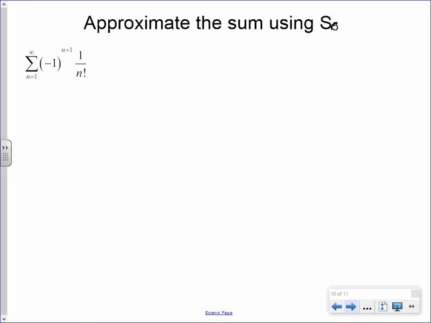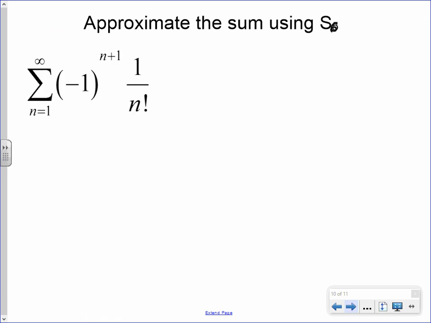We are going to approximate the sum of this guy using S sub 6. So this equals a sum that we don't know.